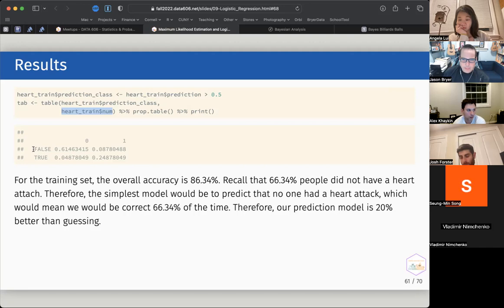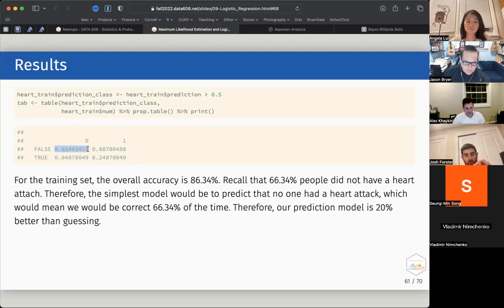So what we have here is the basis of how we're going to evaluate our models. This is called a confusion matrix. This row are individuals that we predicted no heart disease, and this row represents individuals that we predicted heart disease. This column represents individuals who did not have heart disease, and this column is individuals that do.